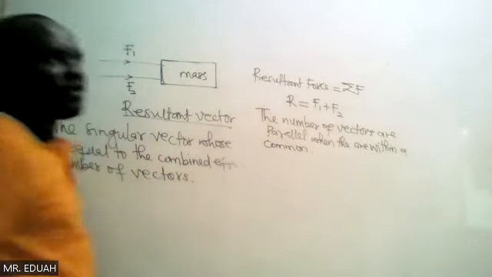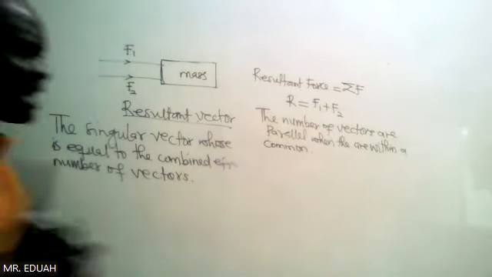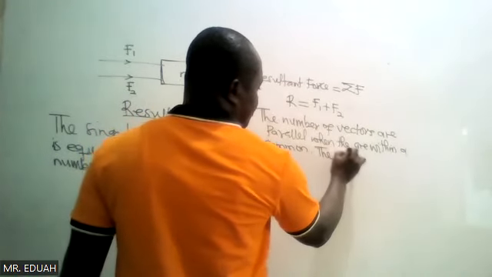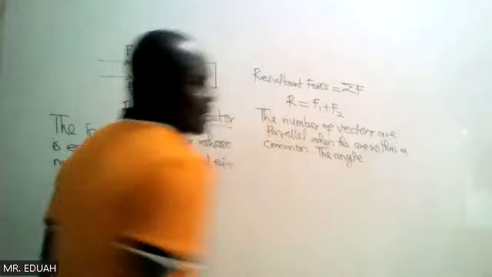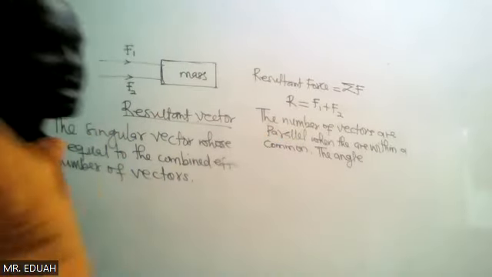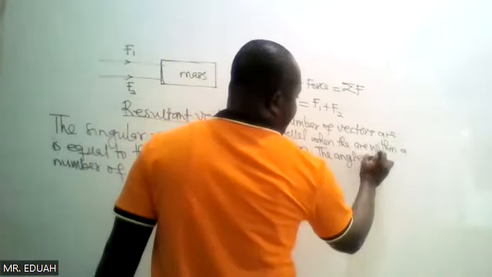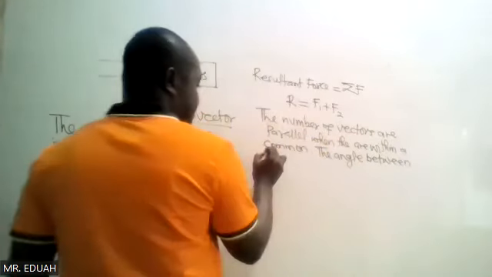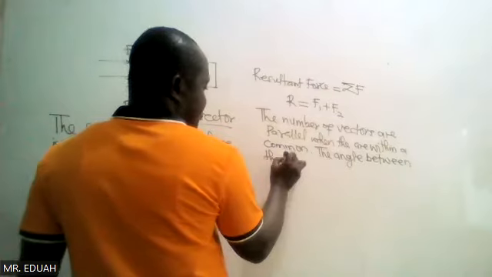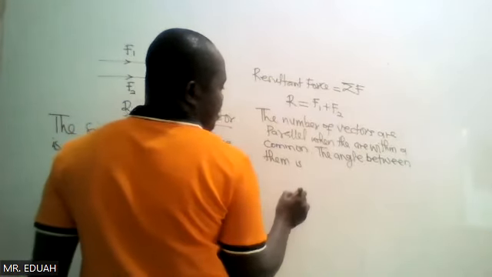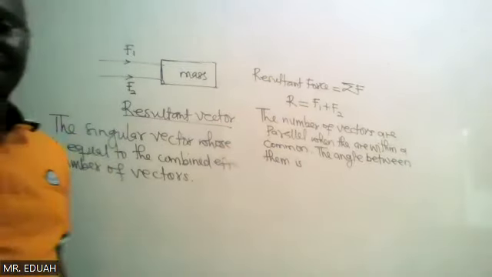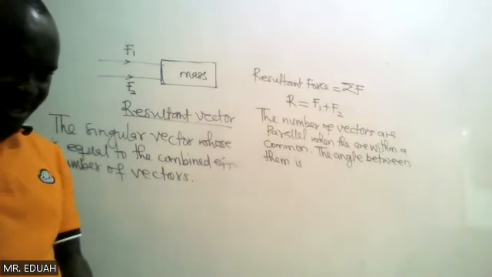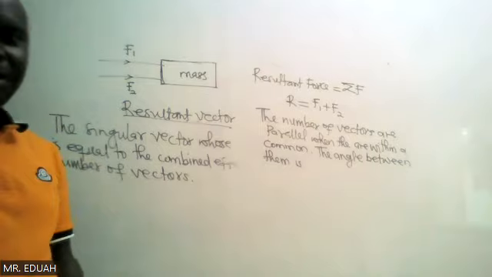When two vector quantities are parallel, what is the angle between them? Zero degrees.